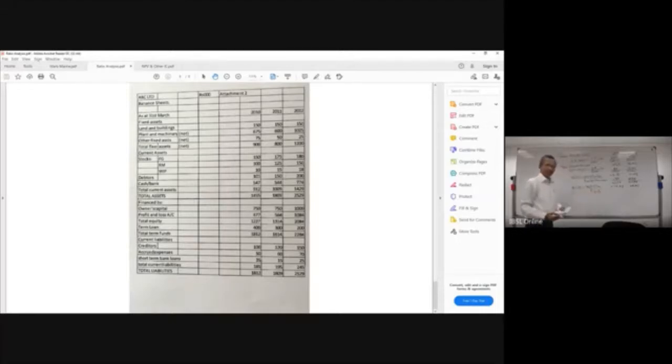Now we take the equity first. Since we are in the balance sheet, equity is 1,314 and 2,084.